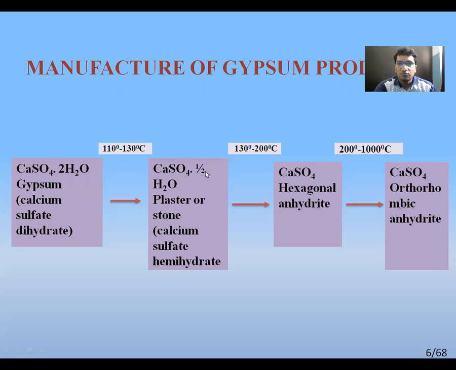Hemi means half a molecule of water. Whatever plaster we take in a bowl is the hemihydrate form. Plaster or even dental stone are all hemihydrate form. When we mix it with water, it converts again into the dihydrate form. So gypsum is calcium sulfate dihydrate, whereas plaster and stone are the calcium sulfate hemihydrate form.